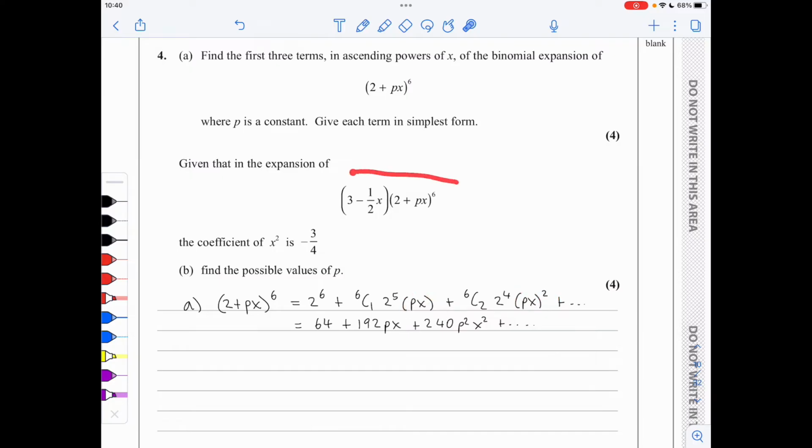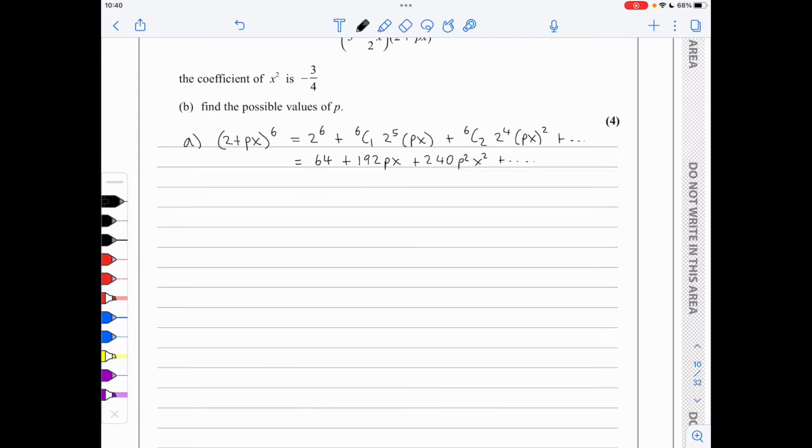And then, given that in this expansion the coefficient of x squared is negative 3 over 4, we have to find the possible values of p. So I will actually use what I have found in A and say that (3 minus a half x) times (2 plus px) to the power of 6 is equal to (3 minus a half x) times (64 plus 192px plus 240p squared x squared plus dot dot dot).